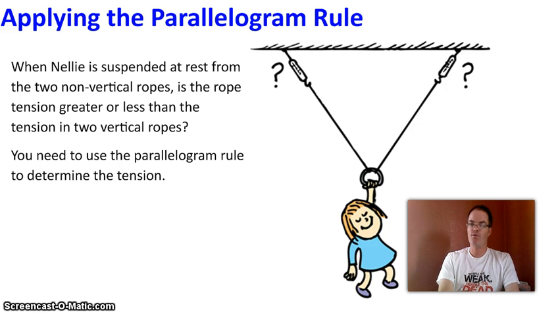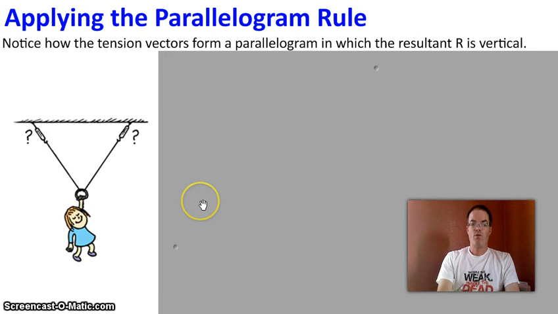Here the ropes are at some angle. We want to try to figure out what the force, or the tension specifically, is in these two ropes. Starting with our initial picture, we can add some vectors in. We know that there's a 300 newton force going down. So there has to be a 300 newton force going up, distributed in the two ropes.